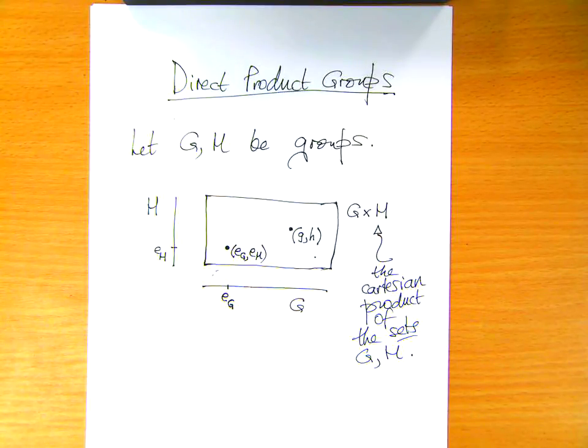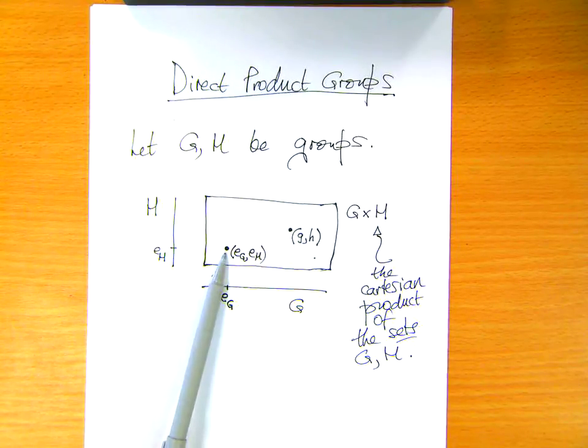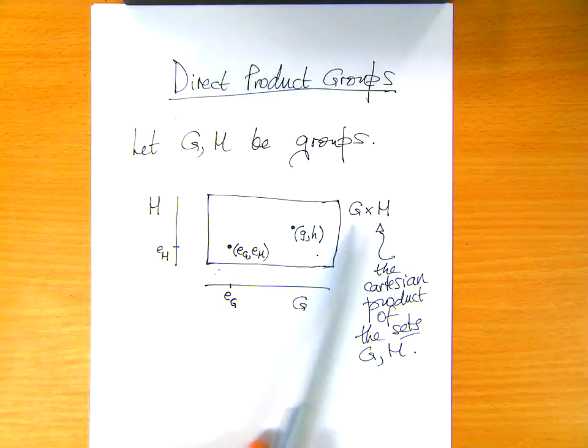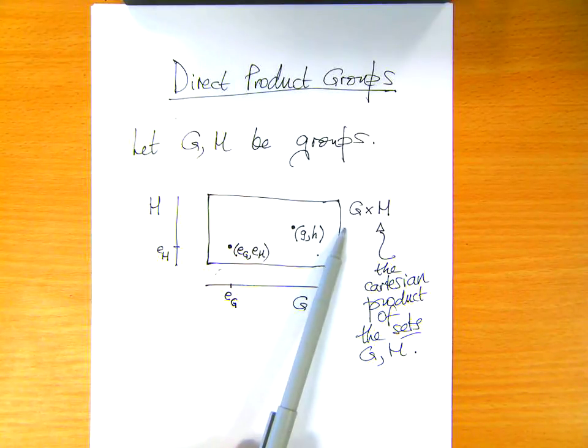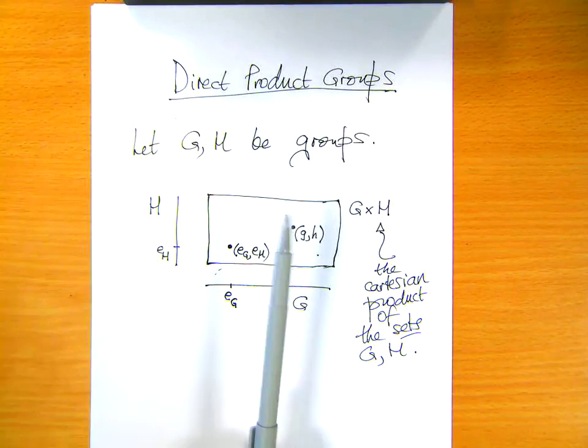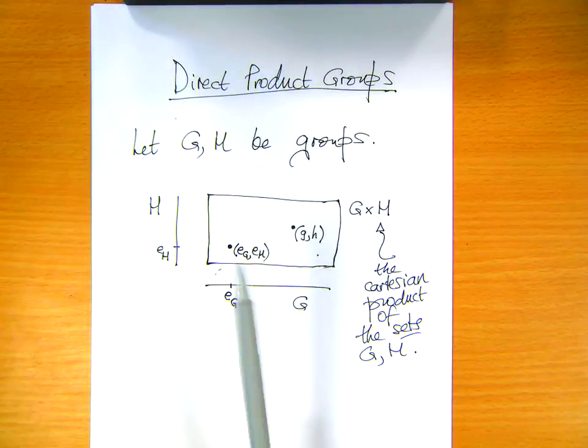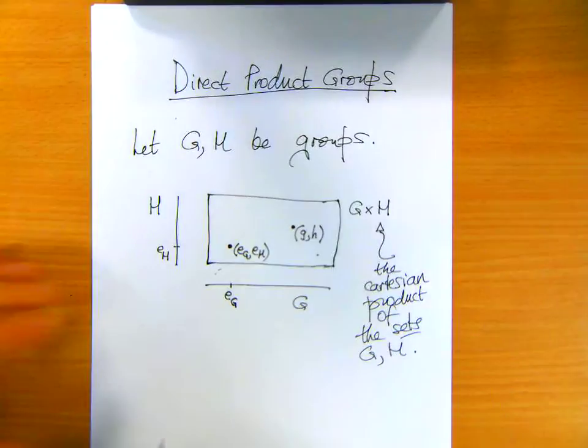So the idea is now, okay, we can take the product of these two sets and get the Cartesian product. It's even got a special element in there, because each of G and H has got a special element. The question is, can we make G cross H a group? In other words, do we have a binary operation on there that satisfies the group axioms G1, G2 and G3?